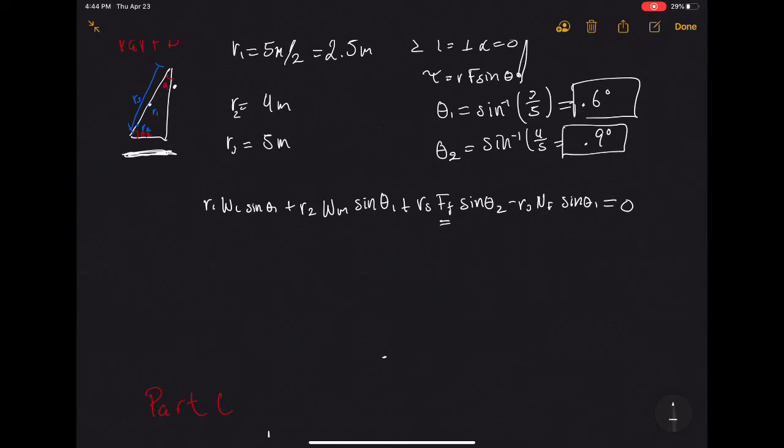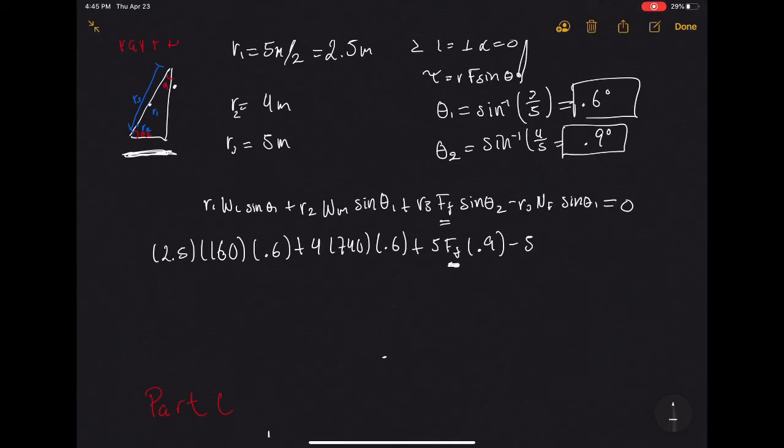So we're gonna put all the information we have in this big formula right here. It's 2.5 times 160, the weight of the ladder, times the first angle, 0.6, plus R2, which is 4 meters, times the weight of the guy, 740, times the first angle, 0.6, plus 5, the R3, times the frictional force, which we're gonna solve for, times the second angle, minus R3 times 900 times 0.6.